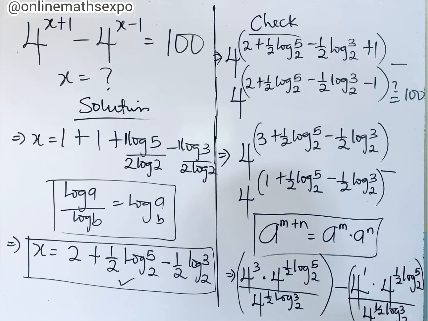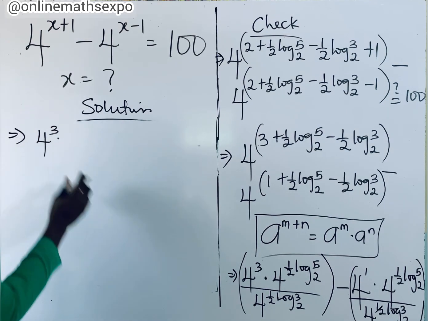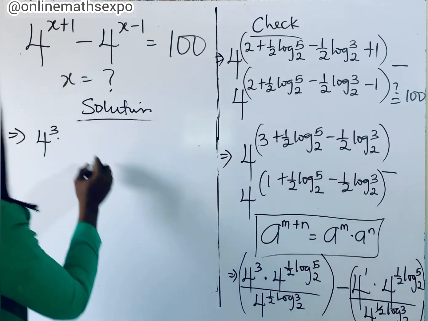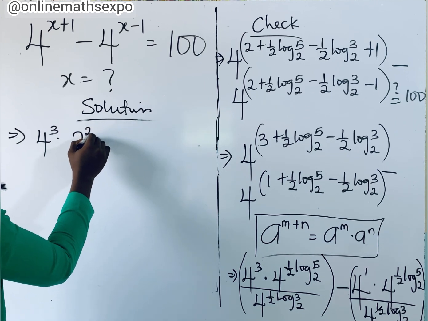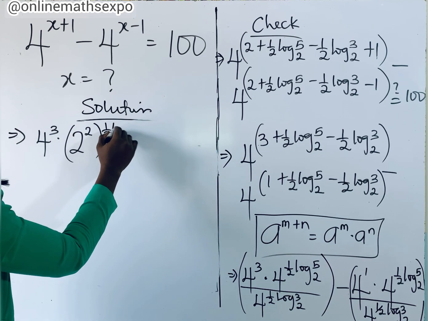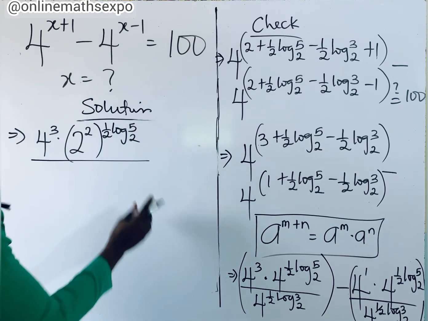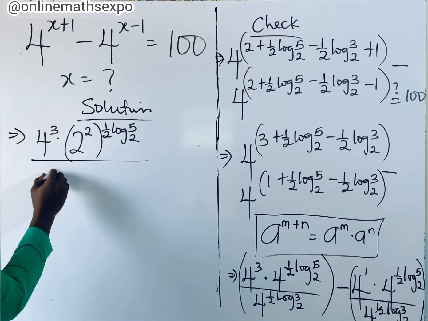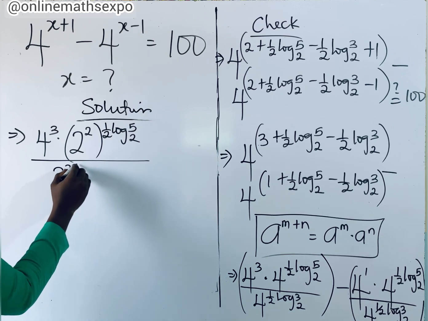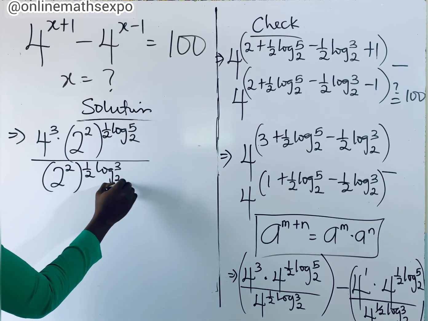So let's simplify this to have 4 to the power of 3 multiplied by this. We can convert 4 to be 2 to the power of 2, raised to the power of half log 5 base 2. I hope you are with me. It is divided by 2 to the power of 2 raised to the power of half log 3 base 2.